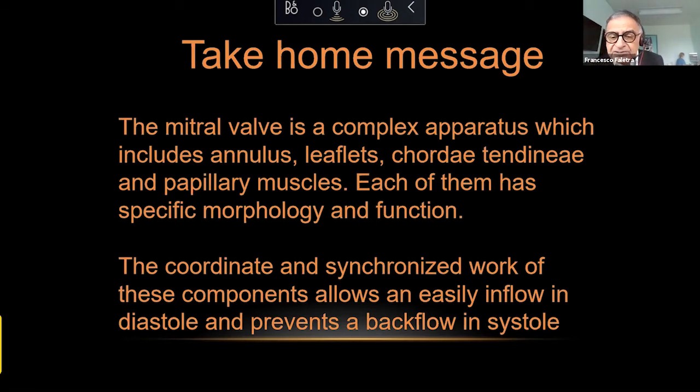Second, it is not in the same position as an indentation. For example, in P2, it could be a cleft which divides P2 in two parts. And third, to be defined as a cleft, a pathological aspect, it has to be regurgitant. So there will be regurgitation through the cleft.